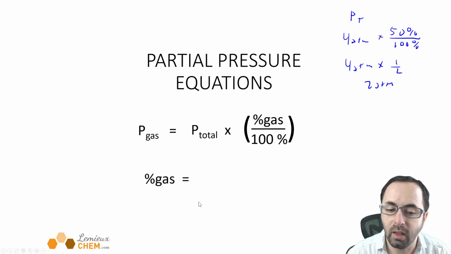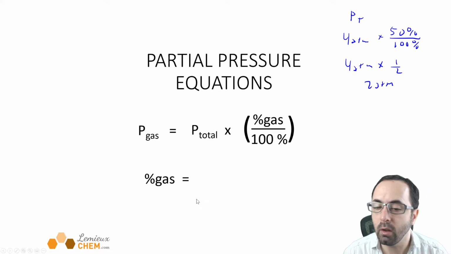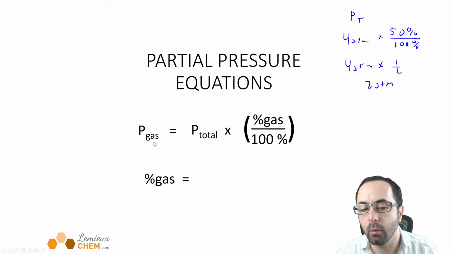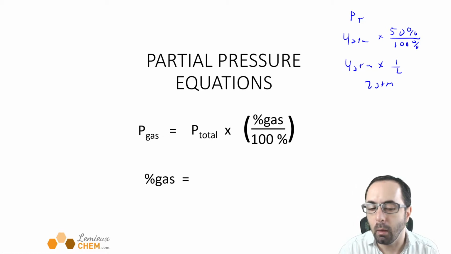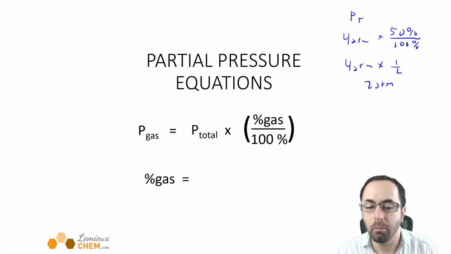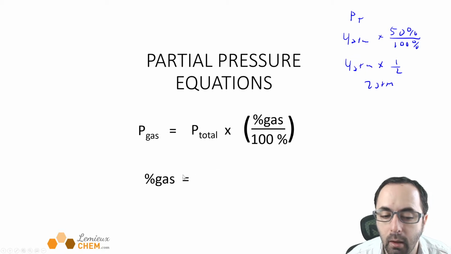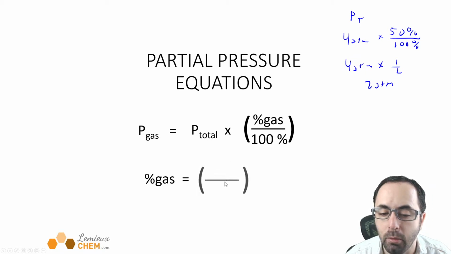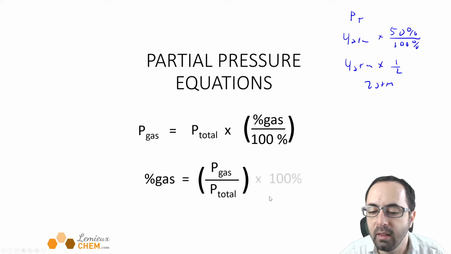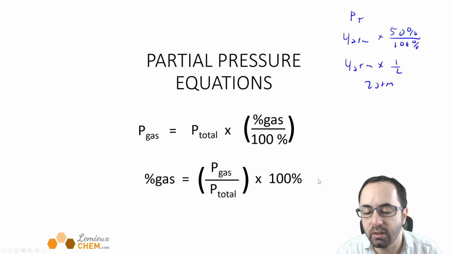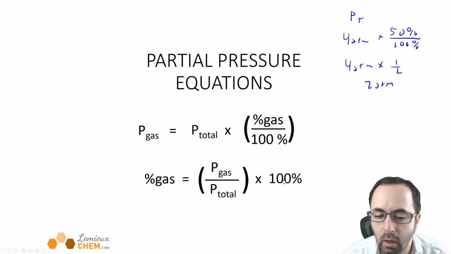If we want the percentage of the gas, well, again, the pressure that we experience from one particular gas is going to be proportional to the number of molecules of that particular gas in the mixture. So if we want the percentage of the gas, we take the pressure that is due to that gas and we divide it by the total pressure, and then we multiply it by 100% to make it into a percentage.